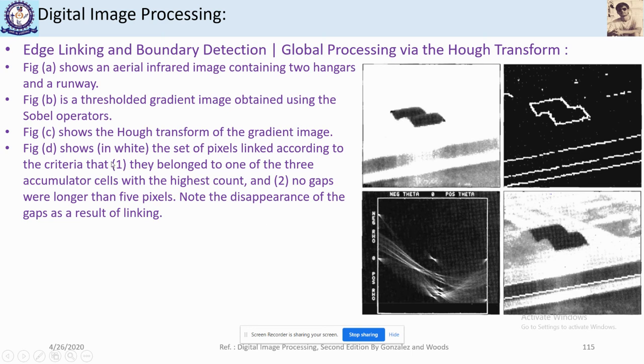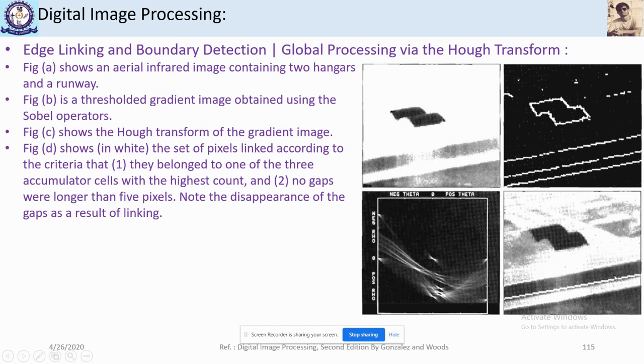How did we get this? Figure D shows in white the set of pixels linked according to the criteria. How did we link the pixels? They belong to one of the three accumulator cells with the highest count.